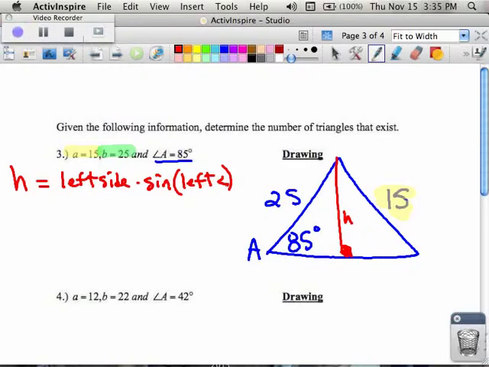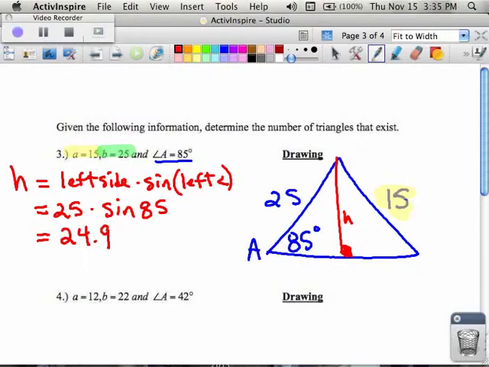So in our case, our height is going to be 25 times the sine of 85. And then you look at what this amount is. When I multiply this out, I get 24.9.